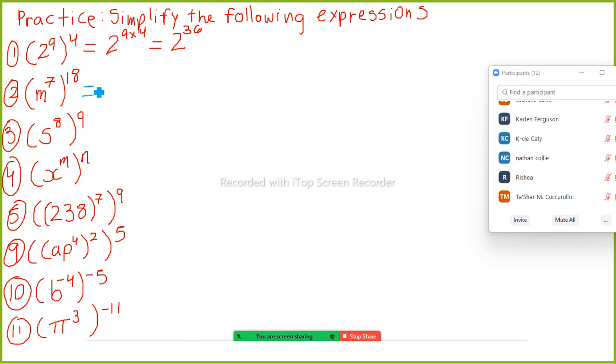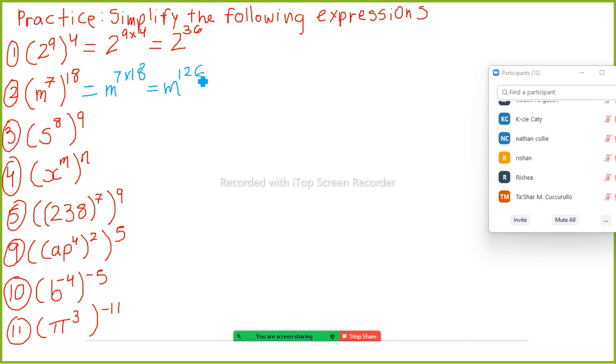That's 7 times 18, and 7 times 18 is 126. So it's m and 126. Excellent. So we have m to the power of 7 times 18, which is going to be equal to m to the power of 126.